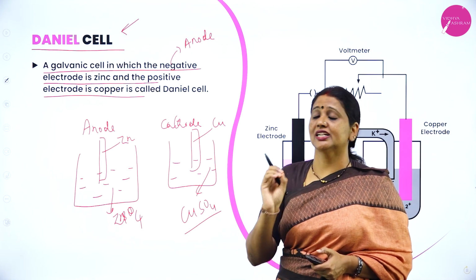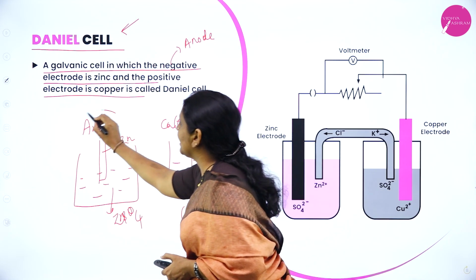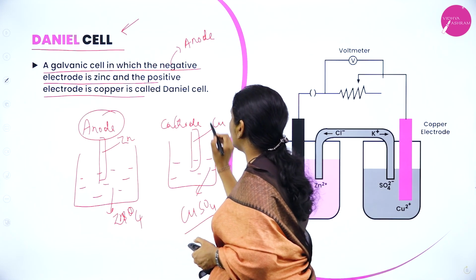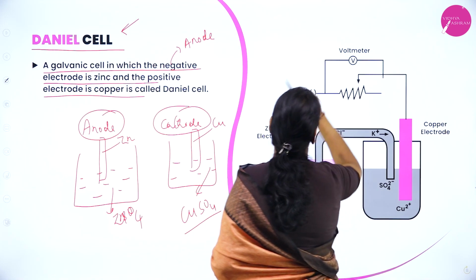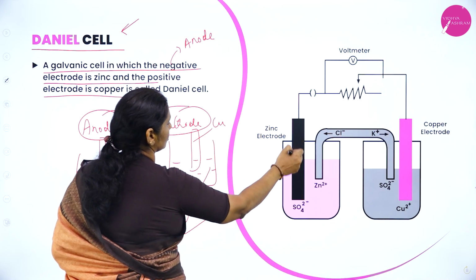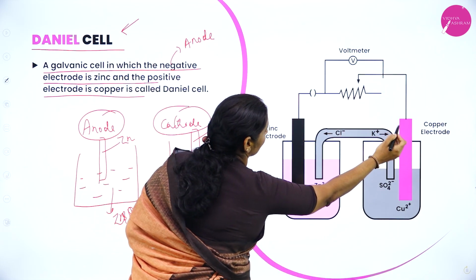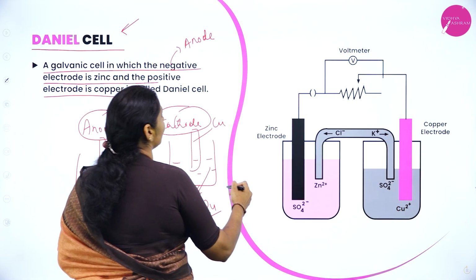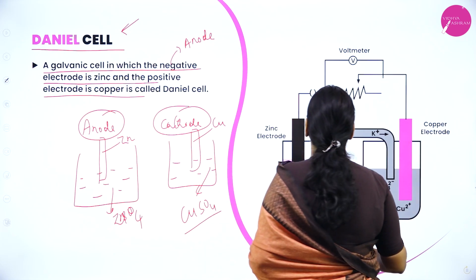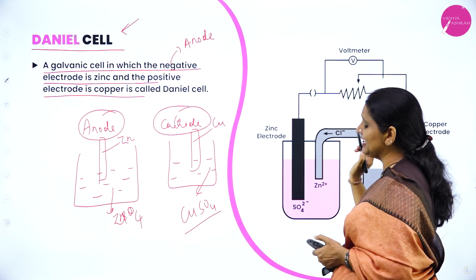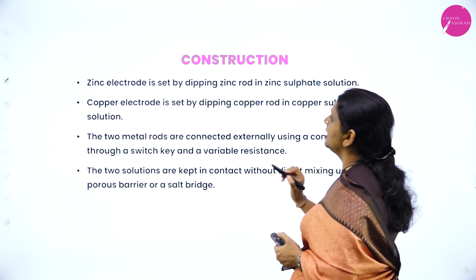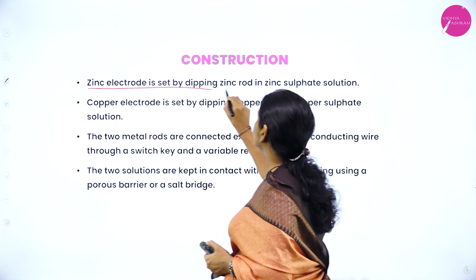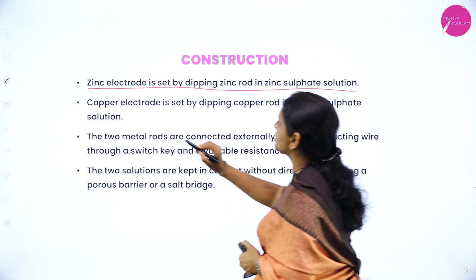Therefore, Daniell cell is constructed by taking zinc electrode as anode, that is, zinc dipped in zinc sulfate acts as anode, and copper dipped in copper sulfate acts as cathode. Observe in the diagram, zinc electrode, copper electrode, the diagram of Daniell cell. Zinc electrode is set by dipping zinc rod in zinc sulfate solution.